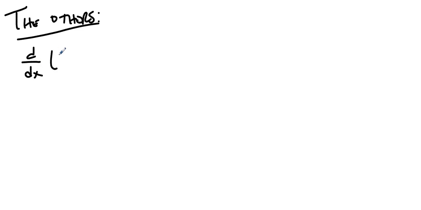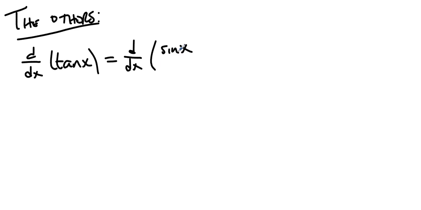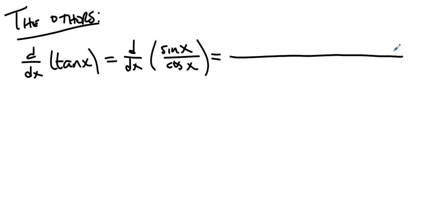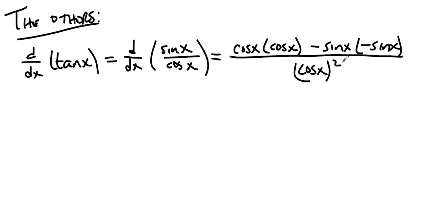Of course, there are other trig functions, but they're just combinations of sines and cosines, so we're actually okay to derive them in standard ways. For example, the tangent function has a derivative, but tangent is just sine over cosine, and so we use the quotient rule exactly the way we envision. Denominator times derivative of the numerator minus numerator times derivative of the denominator over denominator squared. And you might think, well, we'll just leave it like this, but this is too good.